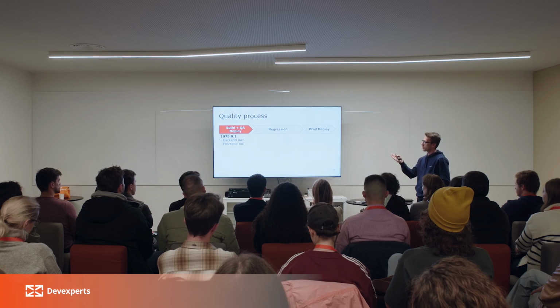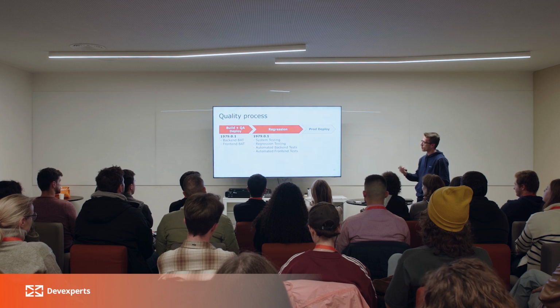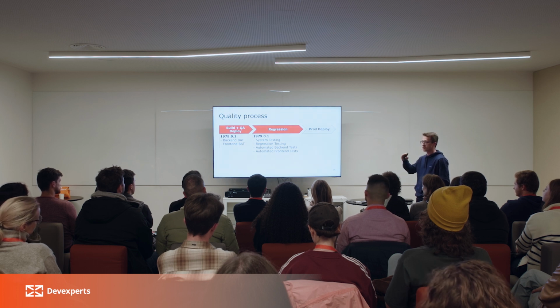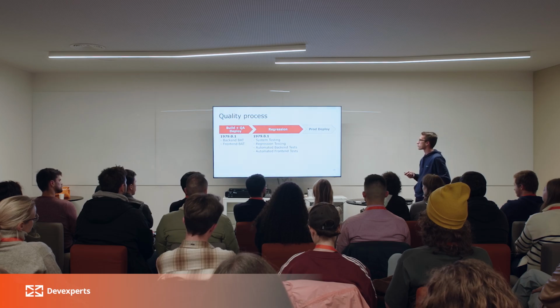So we call it business acceptance testing. And when the regression starts, we have system testing, checking all the new features again, and we have the regression testing, obviously. During this moment, we run all the automated tests that we have on the backend side and on the front-end side as well.